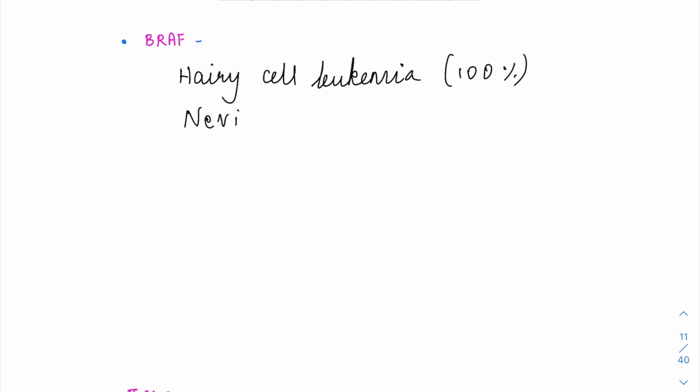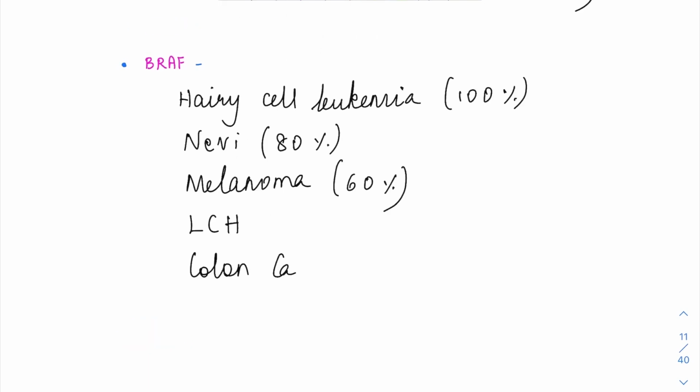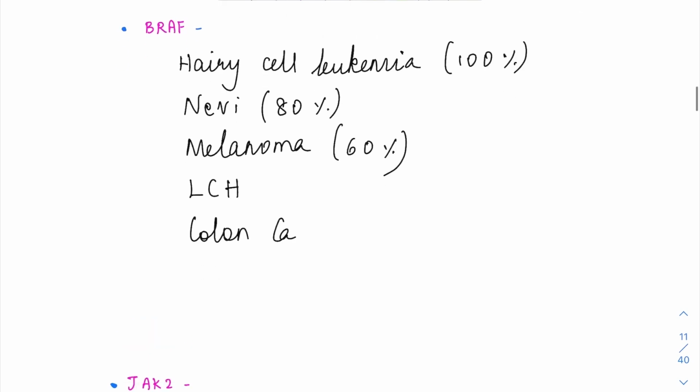Nevi are nothing but moles, right? In nevi, you are going to have 80% of this BRAF mutation. Then we have melanomas. In melanomas, you are going to have 60% of this mutation of BRAF. Then we have Langerhans cell histiocytosis, and also in some forms of colonic cancer you are going to have BRAF mutations. Okay, so these are again examples. In fact, they have asked this percentage also.